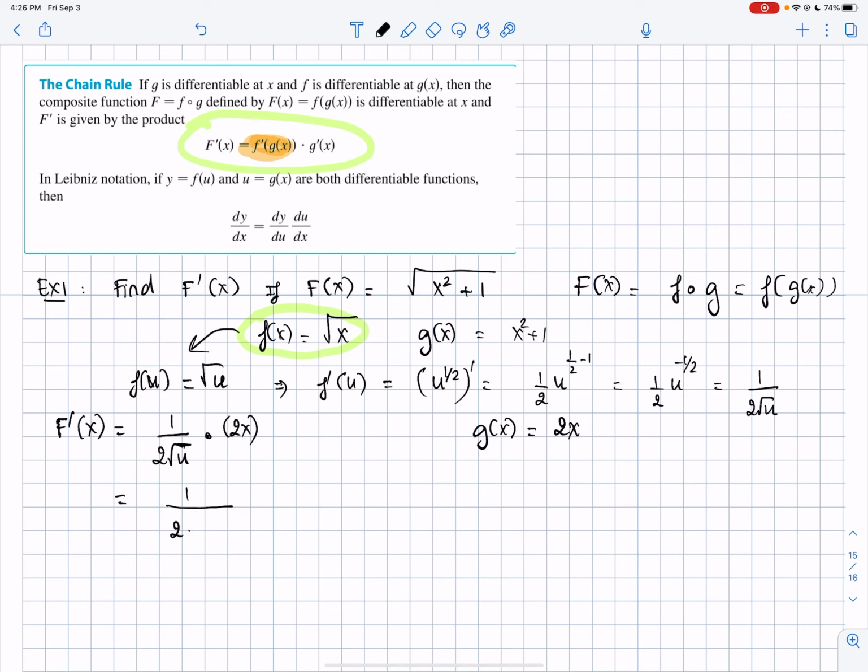So 2 times square root of, you remember we identified u as the one inside the square root. So the one inside the square root is x squared plus 1. So we write x squared plus 1 times 2x. And then we get x over square root of x squared plus 1.